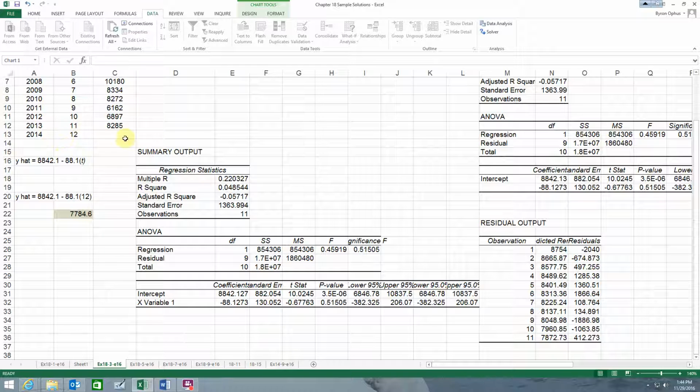That's going to give us our answer here for the 12th. So all I have to do is plug that in.